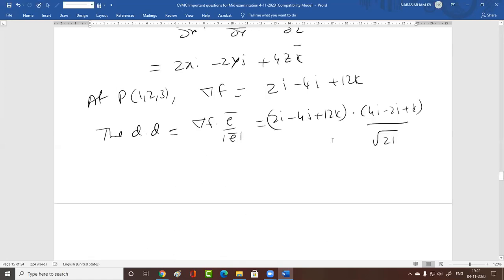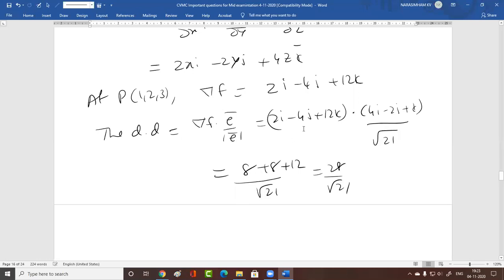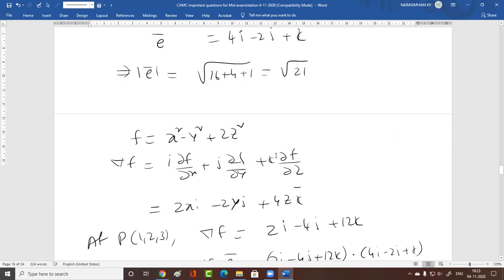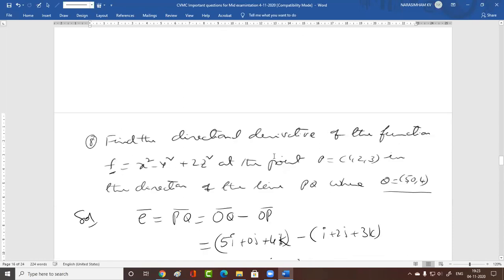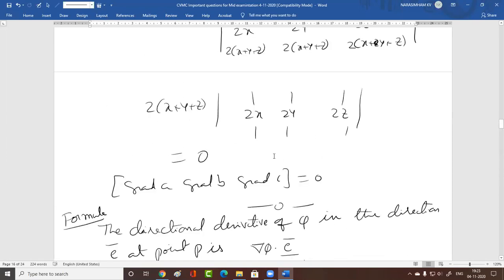Okay. Now the dot product: 2 fours are 8, 4 twos are 8, 12 ones are 12, by root 21. So 28 by root 21 is the answer. So in the similar way, we can find the directional derivatives. Now coming to the next model.